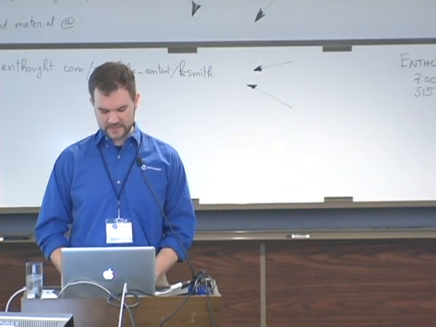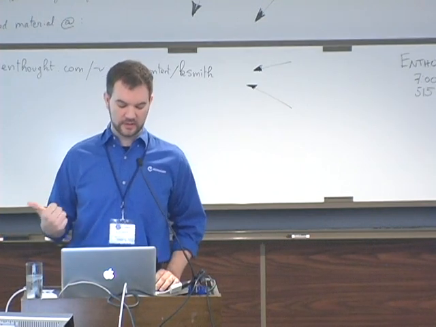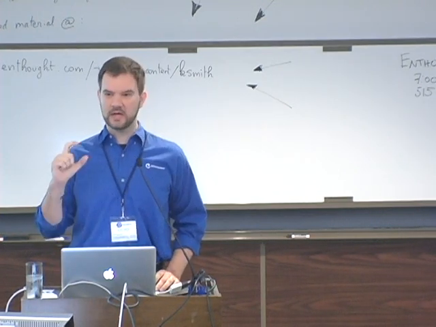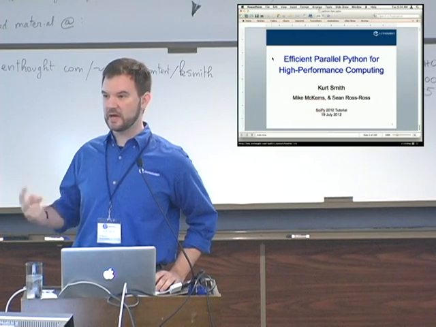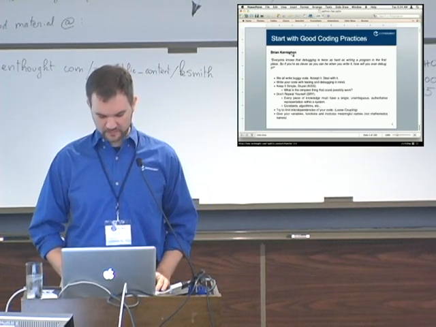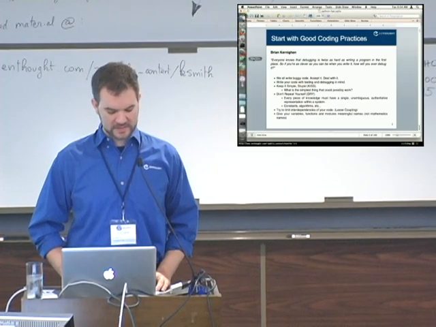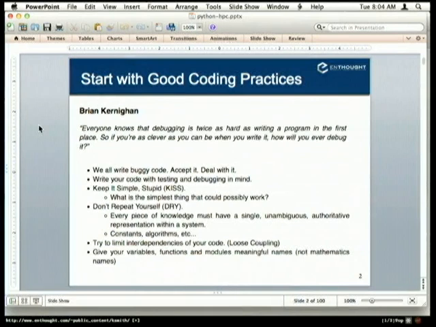And so the things we'll be emphasizing in the tutorial are 1, efficient Python, so just how do we make Python itself as efficient as possible, and 2, how do we parallelize that efficient Python code, okay? And efficiency has a few different meanings, right? There's efficiency of the runtime of the code, and there's efficiency of the developer developing the code.